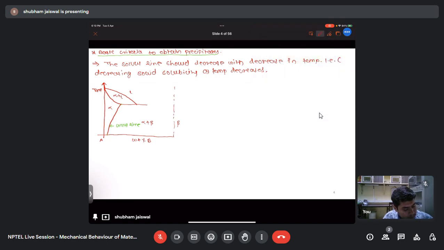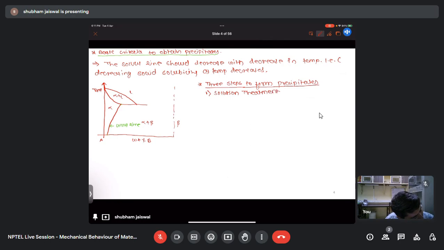Let me write down the three steps to form the precipitates. The first one is the solution treatment, also known as solutionizing.